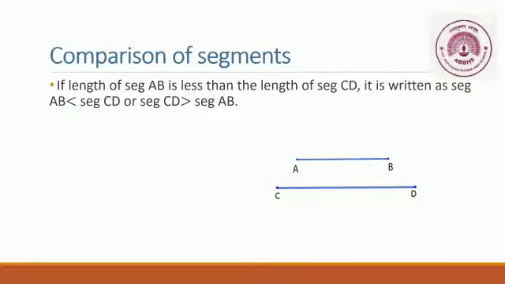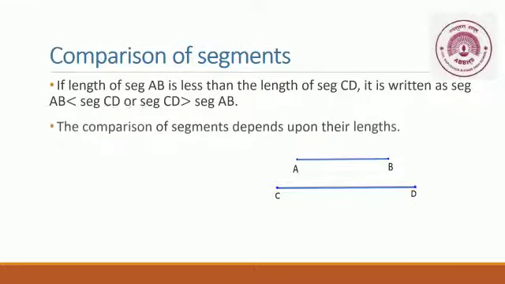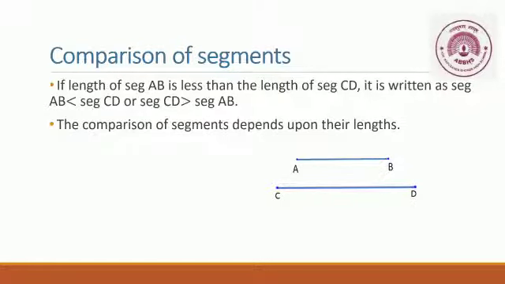If length of AB is less than the length of CD, it is written as seg AB < seg CD. That is using the symbol less than. Or in other words, we can say segment CD is greater than segment AB. And we can compare the line segments according to their lengths. The comparison of segments depends upon their lengths.